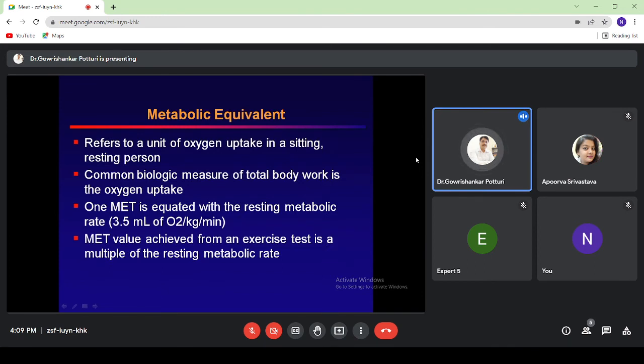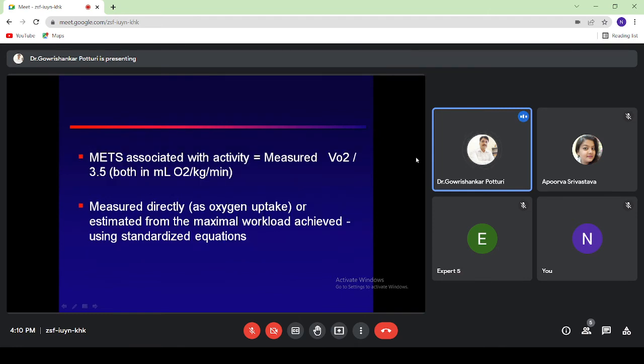Metabolic equivalence refers to a unit of oxygen uptake in a sitting resting person. A common biologic measure of total body work is the total oxygen uptake. 1 MET is equated with the resting metabolic rate. The MET value achieved from an exercise test is a multiple of the resting metabolic rate.